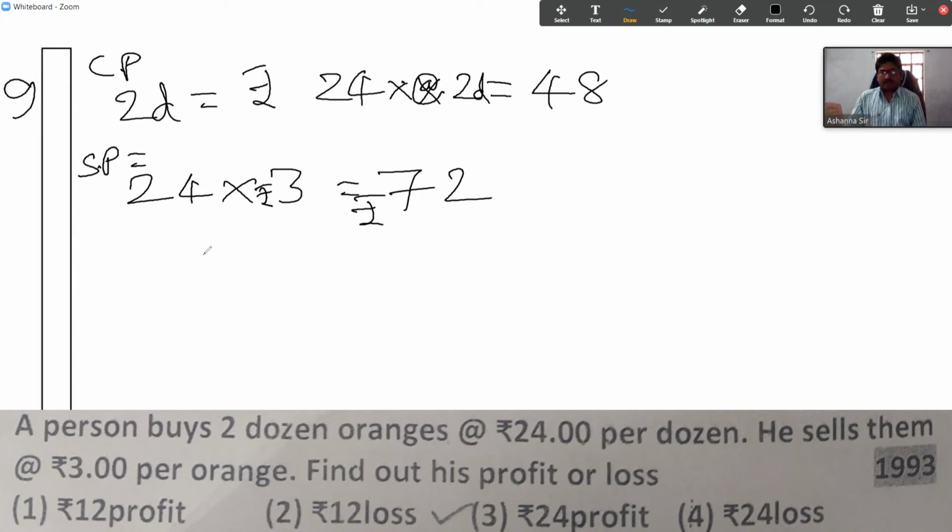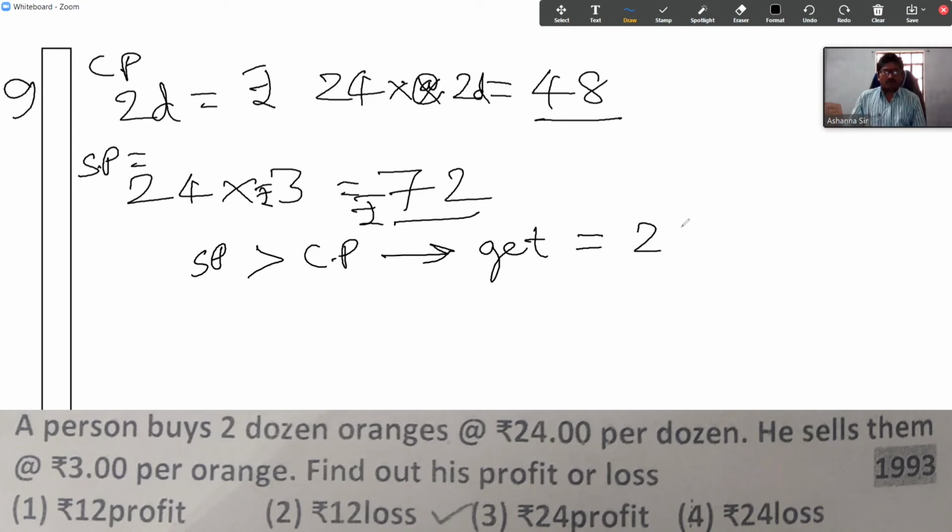Selling price is 72, cost price is 48. So selling price is greater than cost price, so you will get profit. How much profit? 72 minus 48. We know 24 is the profit. 24 rupees profit. Option 3.